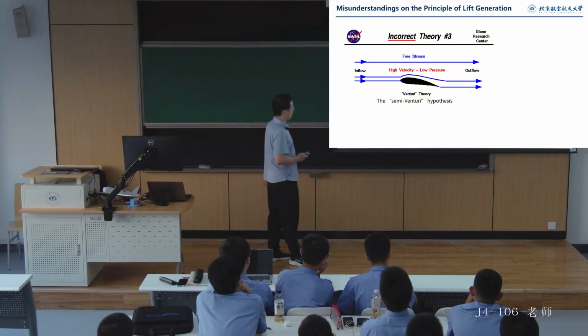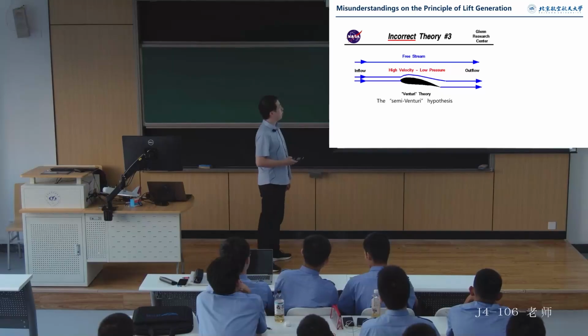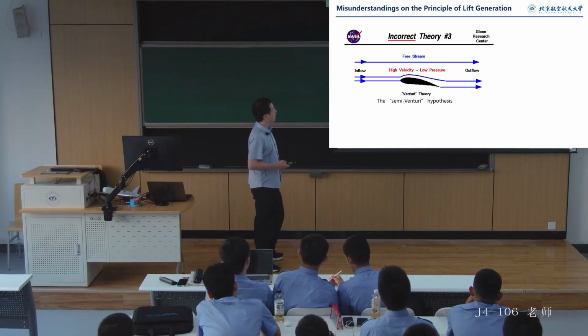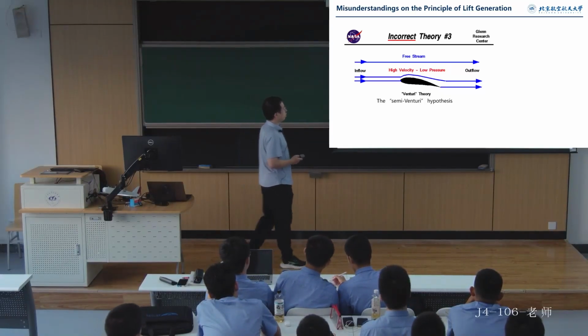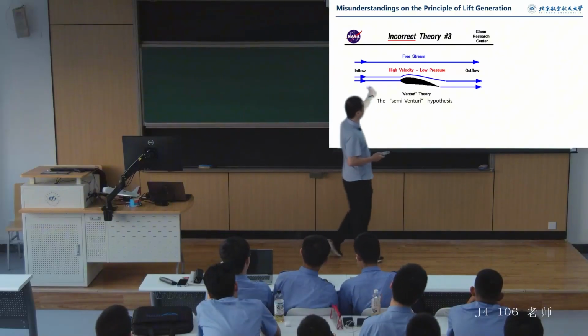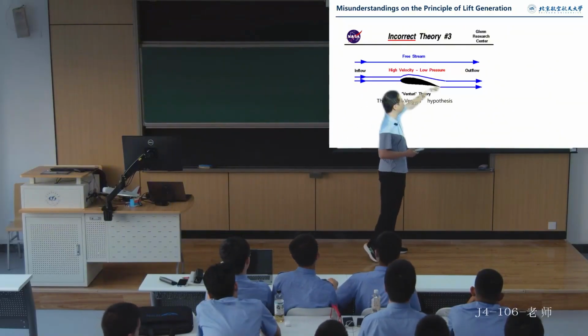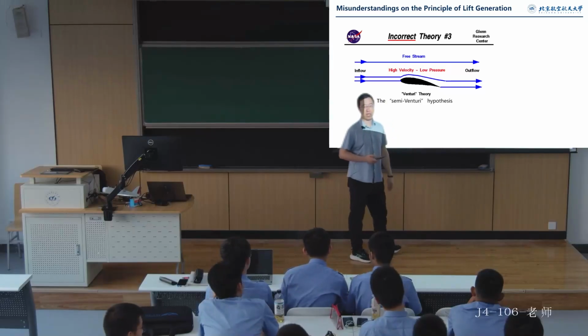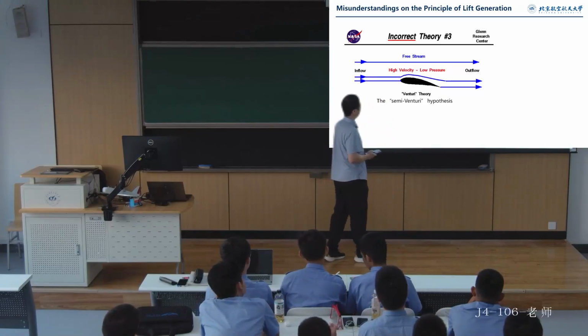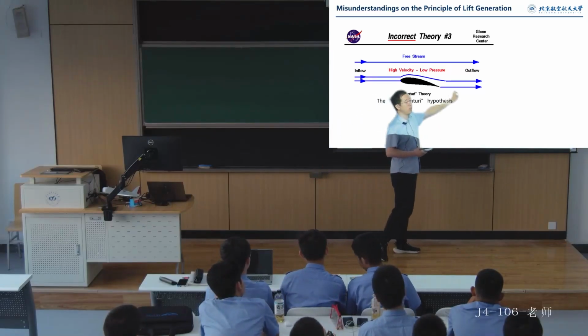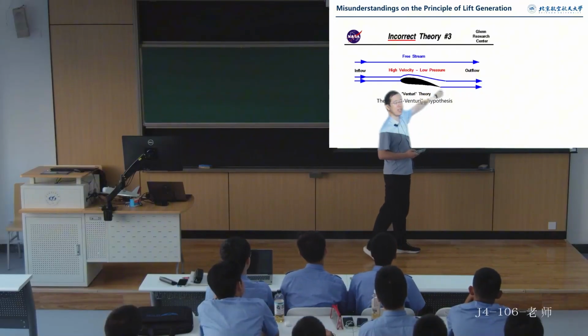However, this method actually has its issues. What are they? If you consider this shape along with the streamline as half of a Venturi tube, then in reality, the downstream region is actually an expansion flow field. What does this mean?